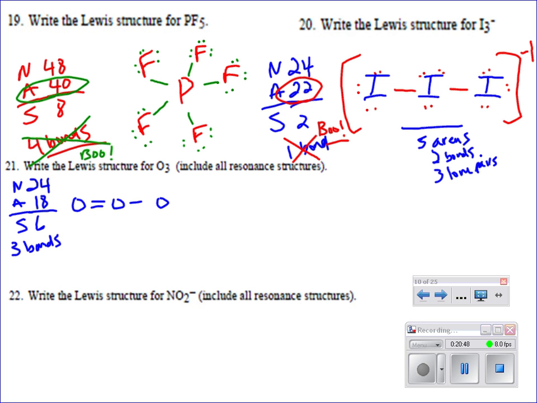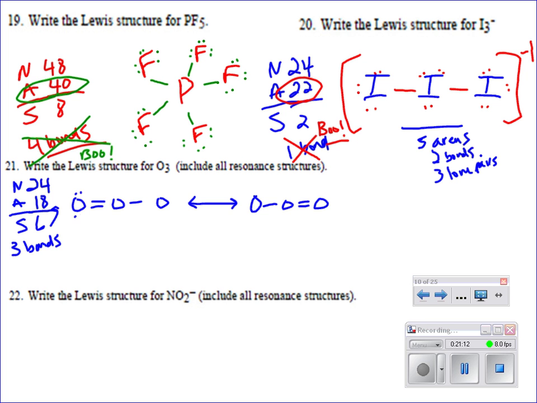2 and 1, okay? And then whenever there's resonance structures, you draw a double-headed arrow between them. And then I'm going to place it 1 and 2. The pi bond resonates between the 2 oxygens. So now I do need to fill these up with electrons. I still have 6 electrons to place in every single picture.